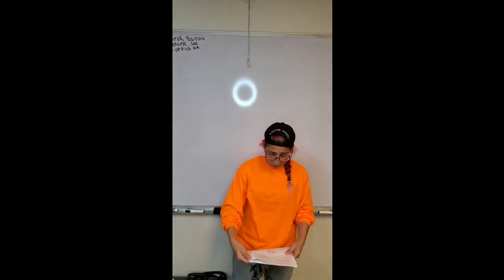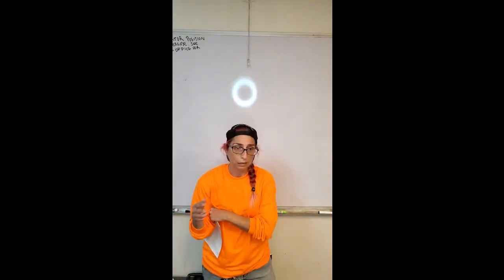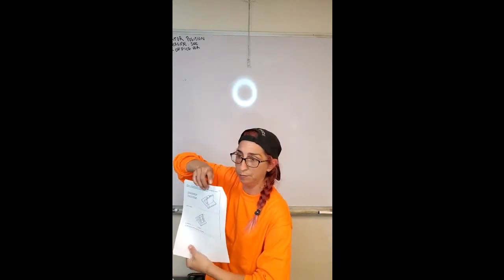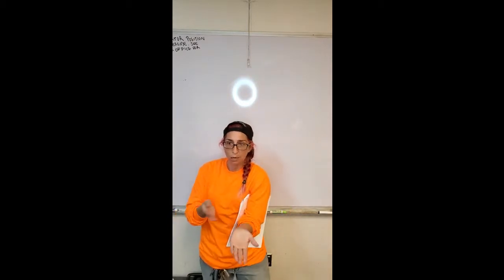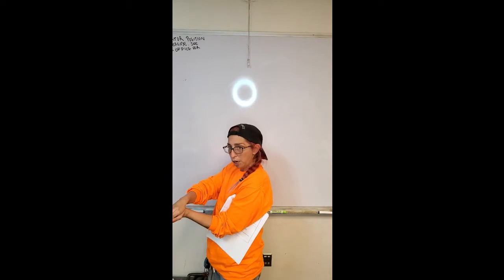The next one is an angle plate. I learned it as an angle block. It's this one right here. It's like two plates, and you're able to change the angle.